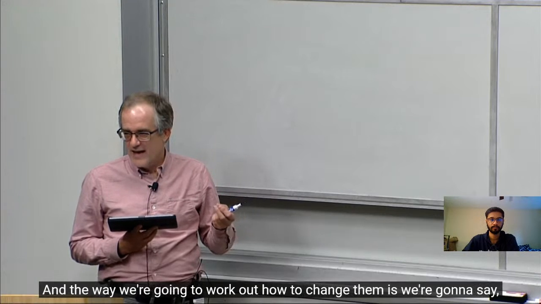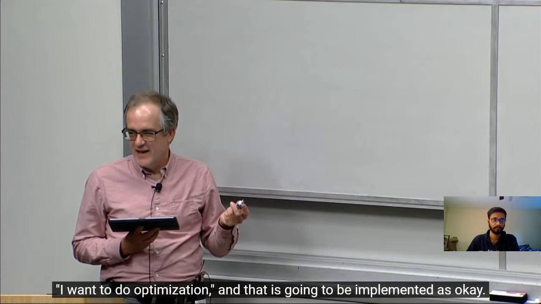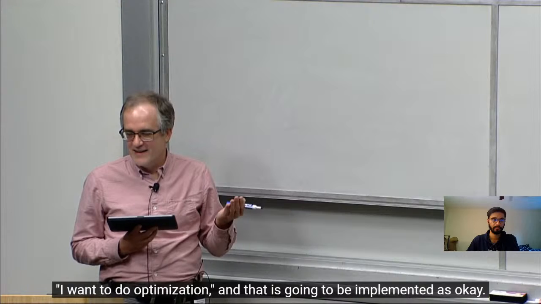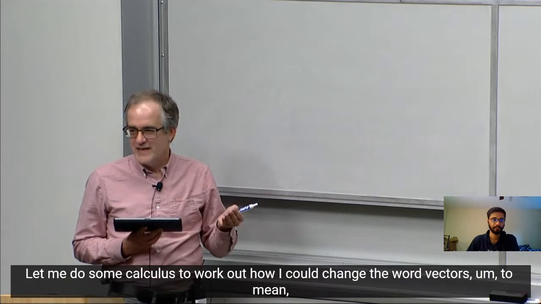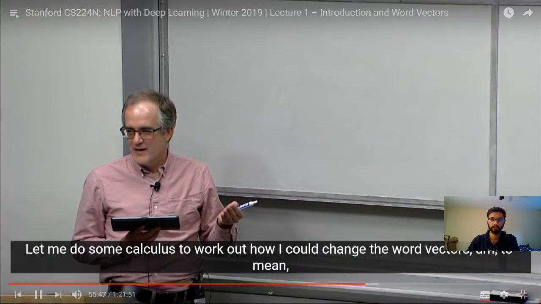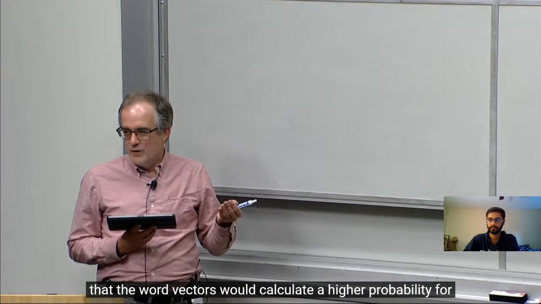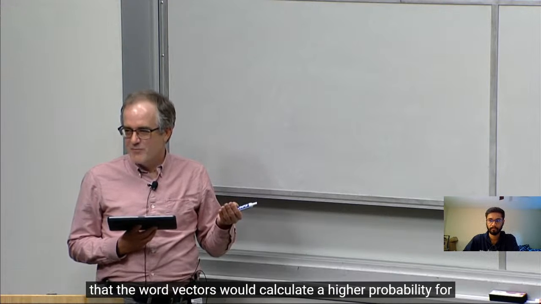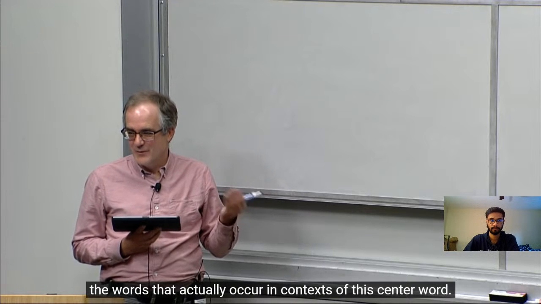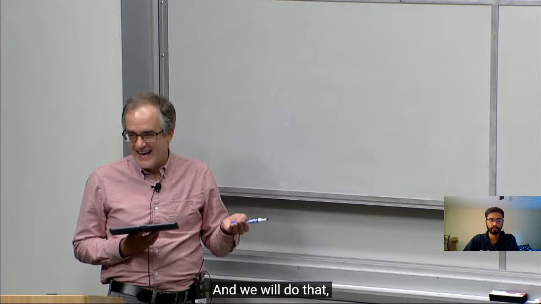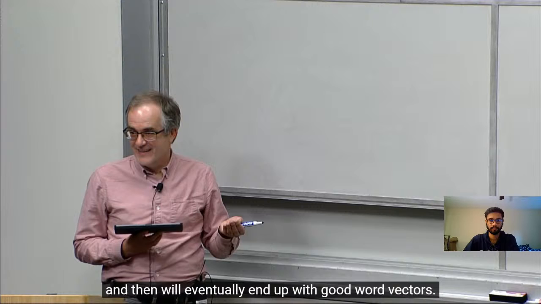And the way we're going to work out how to change them is we're going to say, I want to do optimization, and that is going to be implemented as, okay, we have the current vectors for each word. Let me do some calculus to work out how I could change the word vectors to mean that the word vectors would calculate a higher probability for the words that actually occur in contexts of this center word. And we will do that again and again and again, and then we'll eventually end up with good word vectors.